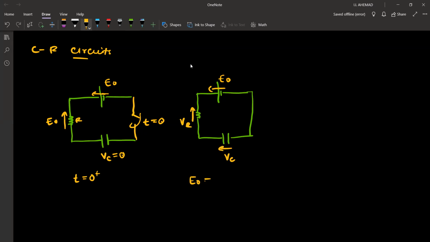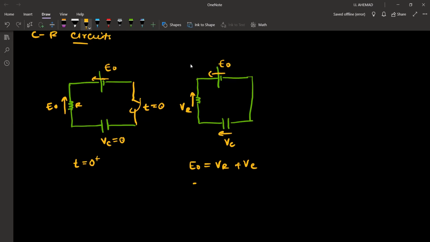So E naught is equal to VR plus VC. VR is I into R, and VC is the charge stored. Q is equal to CV, then V is Q over C.